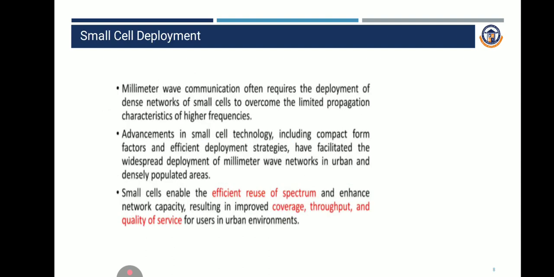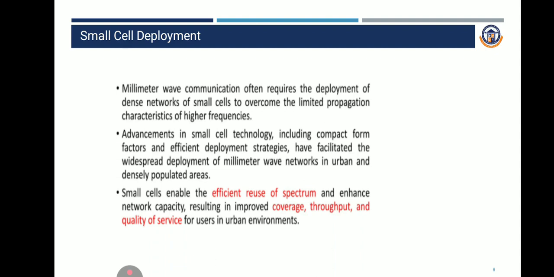Then small cell deployment. Small cell deployments in mmWave are used to increase the network coverage and capacity, mainly in urban areas. Small cells are miniature base stations that use 5G technology to support mmWave frequencies. Small cells can help to fill coverage gaps in areas where macro cells are unable to support mmWave.